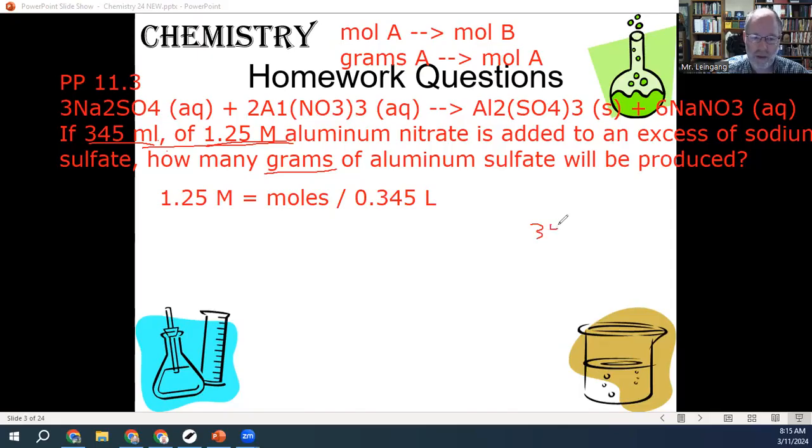If you've got 345 milliliters, you know there's 1,000 milliliters in every 1 liter. And so you're multiplying 345 by 1, divided by 1,000. That moves the decimal 3. And your answer ends up being 0.345 liters. So that's how I did that.